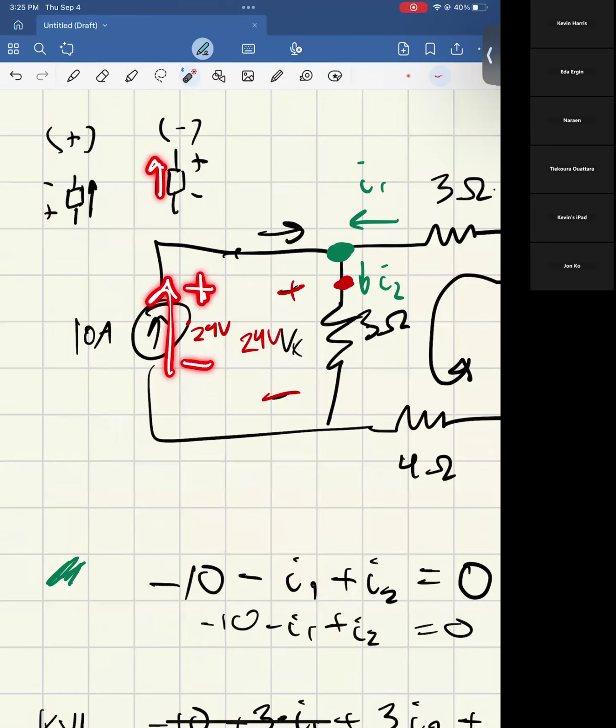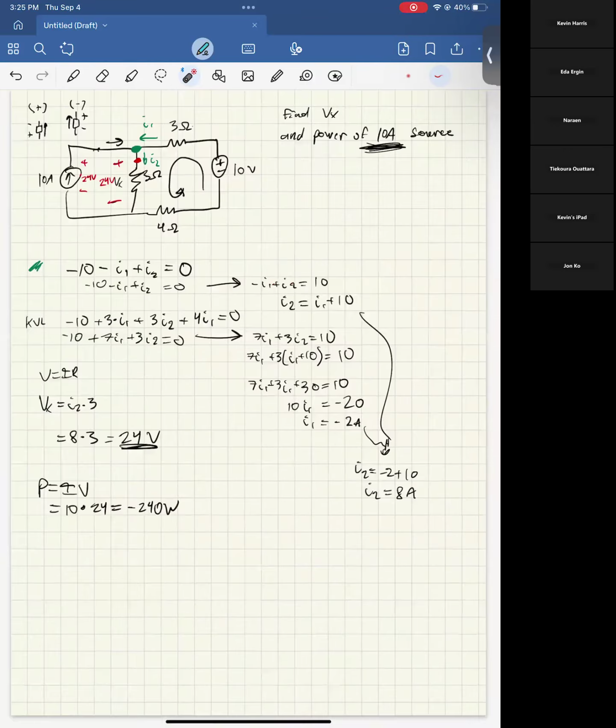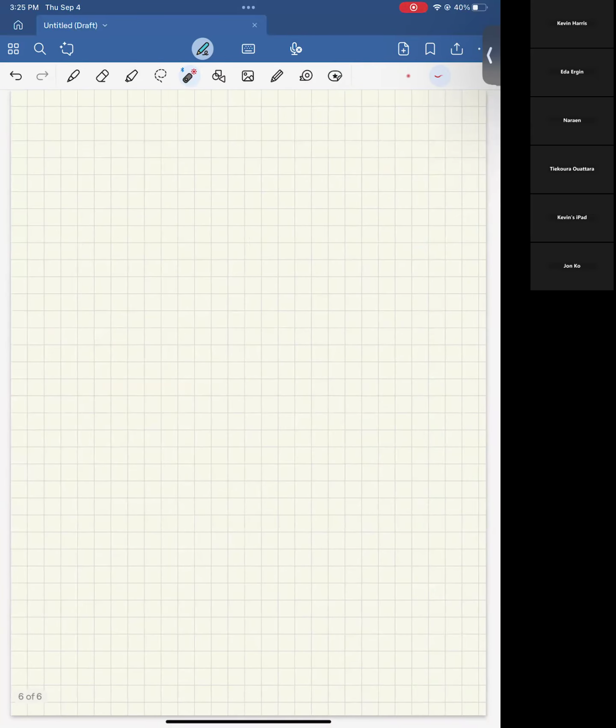So when the voltage is rising with the direction of current, then we call that negative. And that's when it is supplying power. Hopefully that helps. I can go more. Okay, yeah. No, thank you.